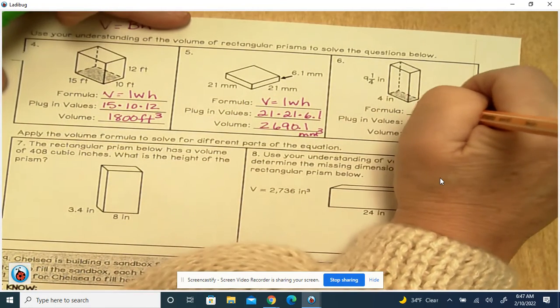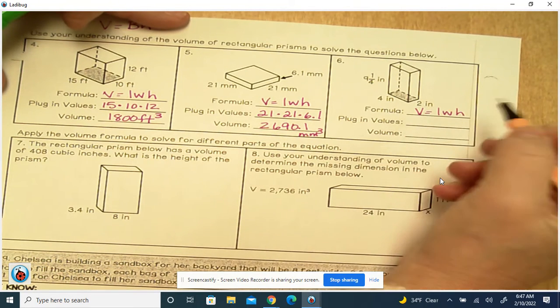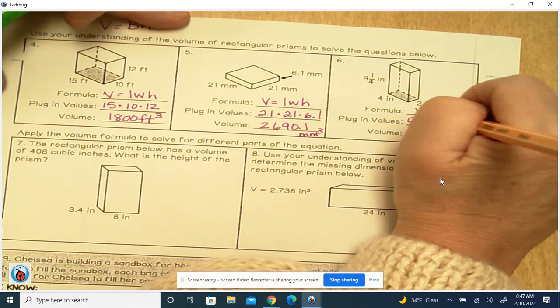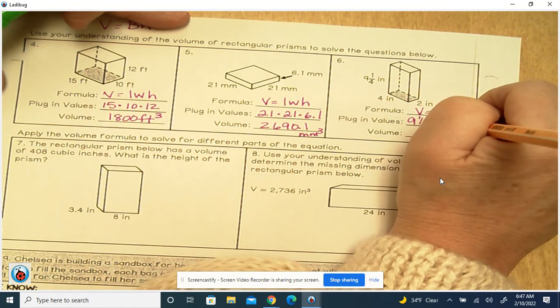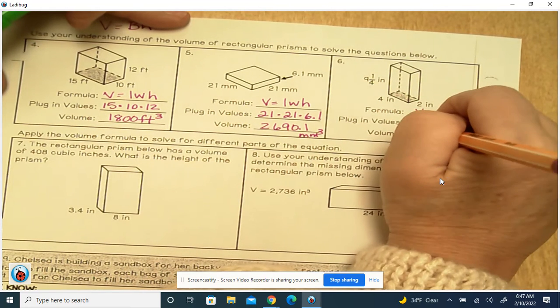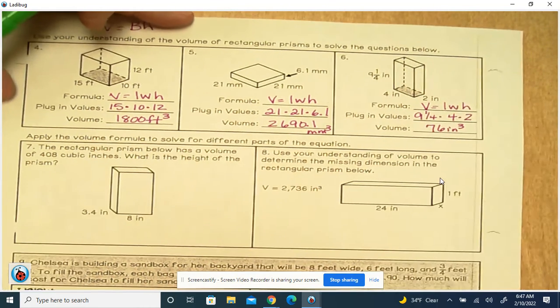The volume equals the length, the width, and the height. And the length and the width is the base. So we have 9 1/4 times 4 times 2. And when we multiply those together, we get 76 inches cubed.